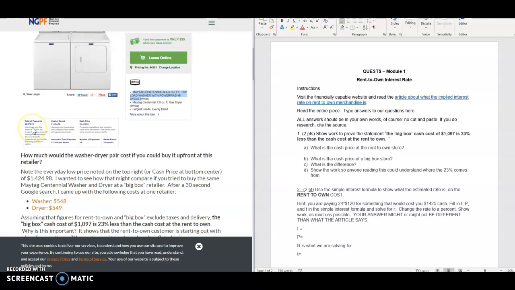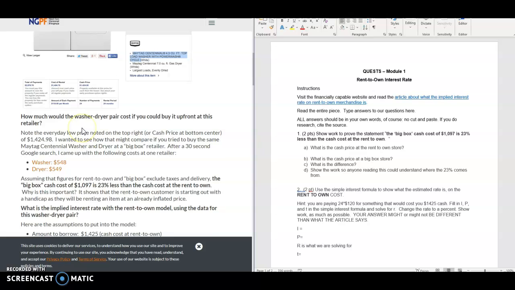The total number of payments is how much you pay at the end of the 24 months. The cost of the rental is the difference between the total amount of payments and the cash price. That's how much they're charging you in interest. So anything above the cash price is interest. And that's the basic idea here.